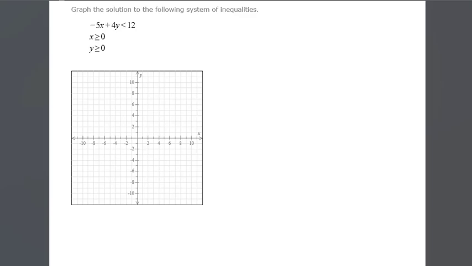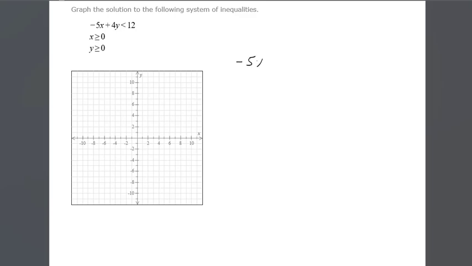Graph the solution to the following system of inequalities. Negative 5x plus 4y is less than 12. X is greater than or equal to 0. And y is greater than or equal to 0. So remember, we want to make sure that we put everything in slope-intercept form that we can.